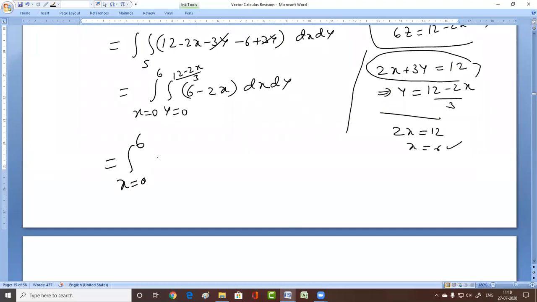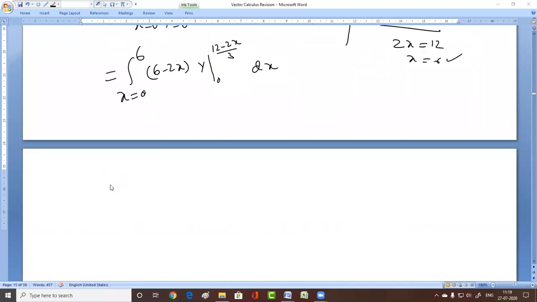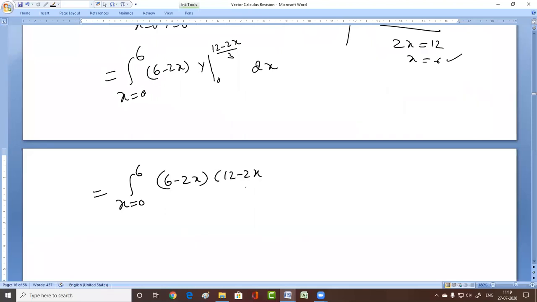So (6 minus 2x) times the integral of dy, which is y, with limits 0 to (12 minus 2x) by 3, dx. Now substitute the limits: (6 minus 2x) times (12 minus 2x) by 3 dx, with x from 0 to 6.